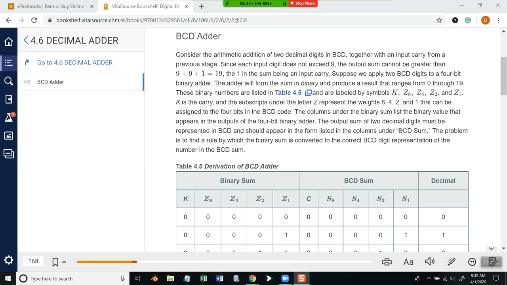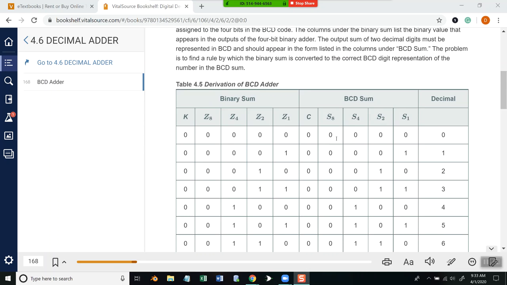Columns under the binary sum list the binary value that appears in the output of the 4-bit binary adder. The output sum of 2 decimal digits must be represented in BCD and should appear in the form listed in columns under BCD sum. The problem is to find a rule by which a binary sum is converted to the correct BCD digit representation of the number in the BCD sum.